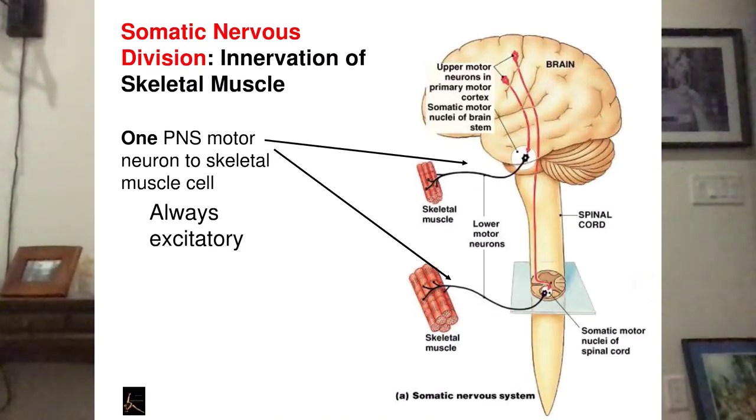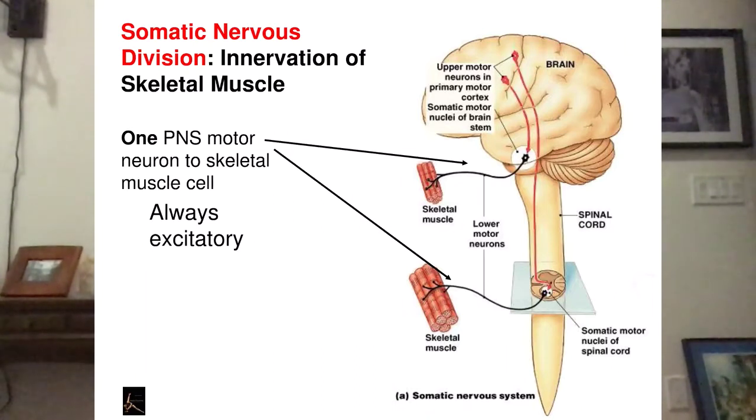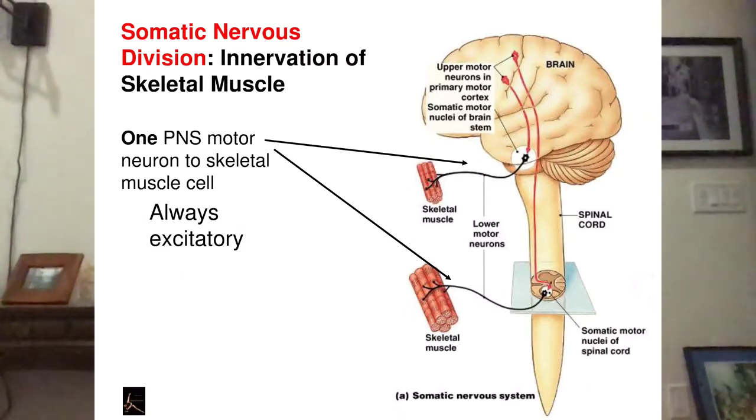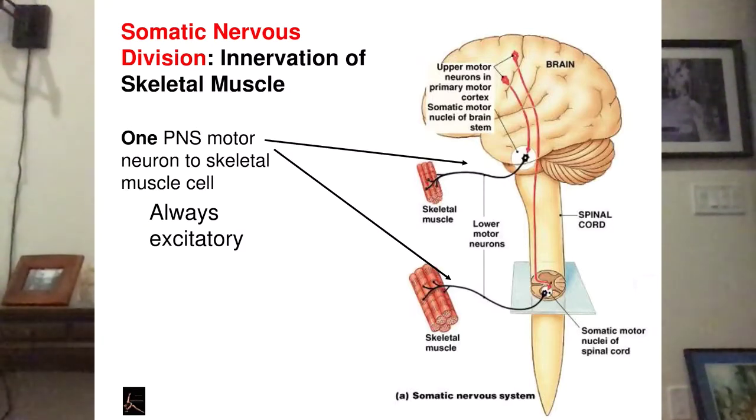The cell body originates within the central nervous system, either the brain or lower down in the spinal cord. But then most of that peripheral nerve extends through the peripheral nervous system, coming out one of the spinal nerves, leading to skeletal muscle, depending on what the skeletal muscle is.